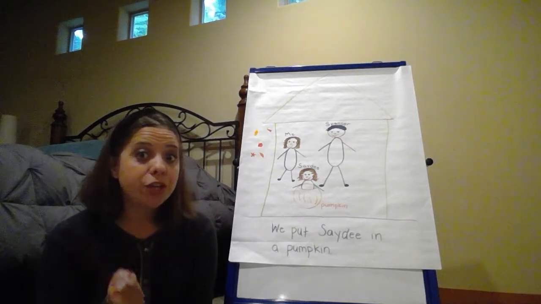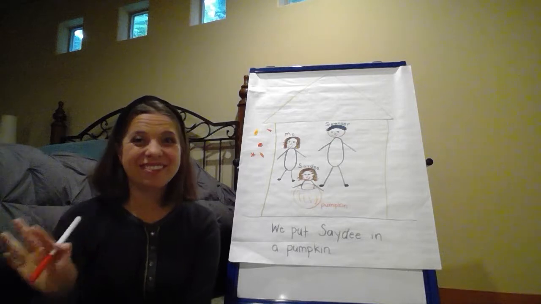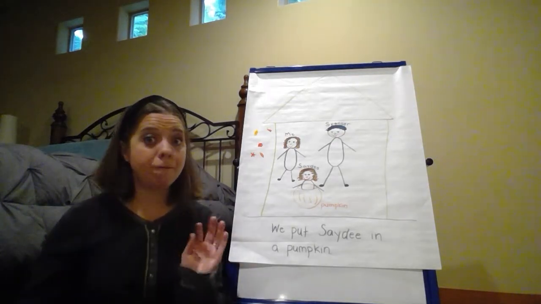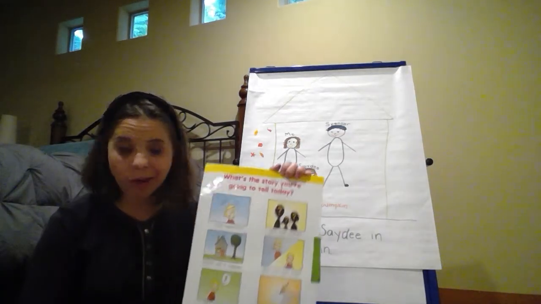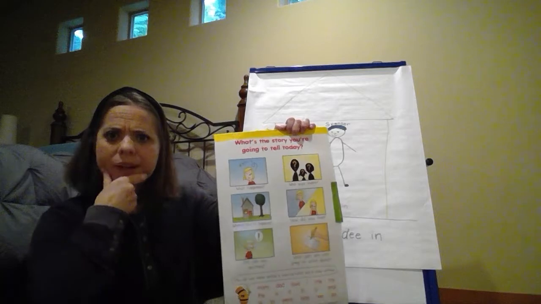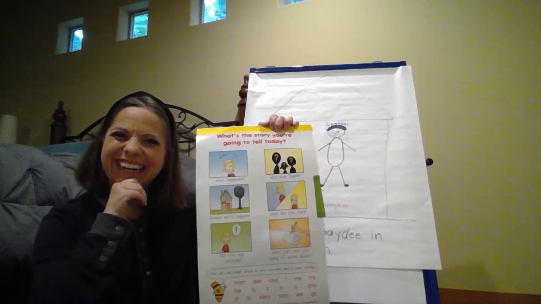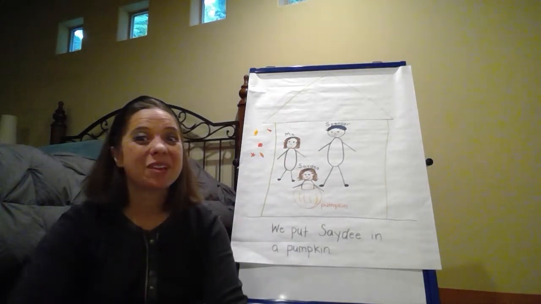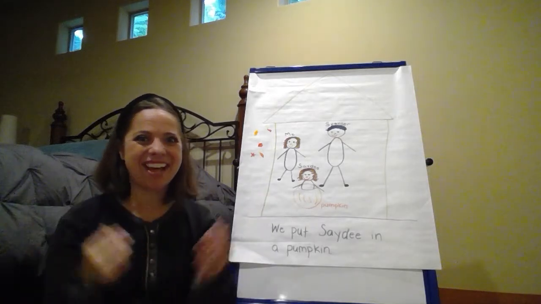But grown-ups, you are there to help your child at home, whatever level of writing that they are at. And remember, before you're ready to draw, you first have to ask that most important question: what's the story you're going to tell today? And once you make your plan, you're ready to draw. I wonder what stories you'll tell.